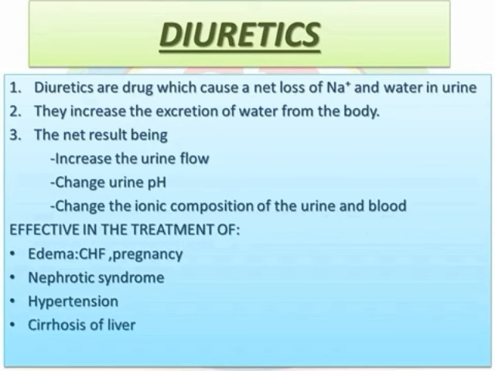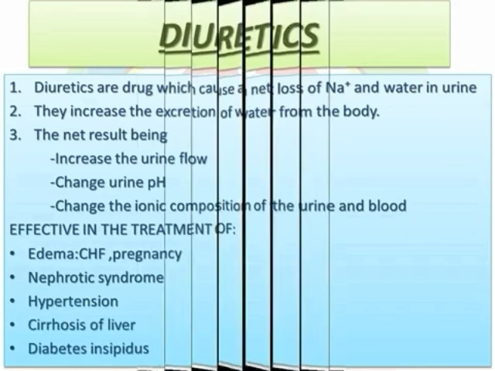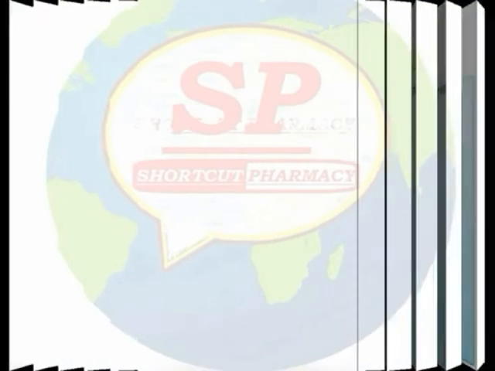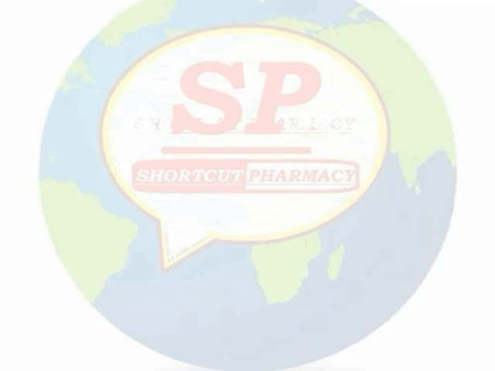And the third one is weak or adjunctive diuretics. They are carbonic anhydrase inhibitors, and the example is acetazolamide. The second one is potassium sparing diuretics: spironolactone, which is also an aldosterone antagonist, and also amiloride and triamterene.